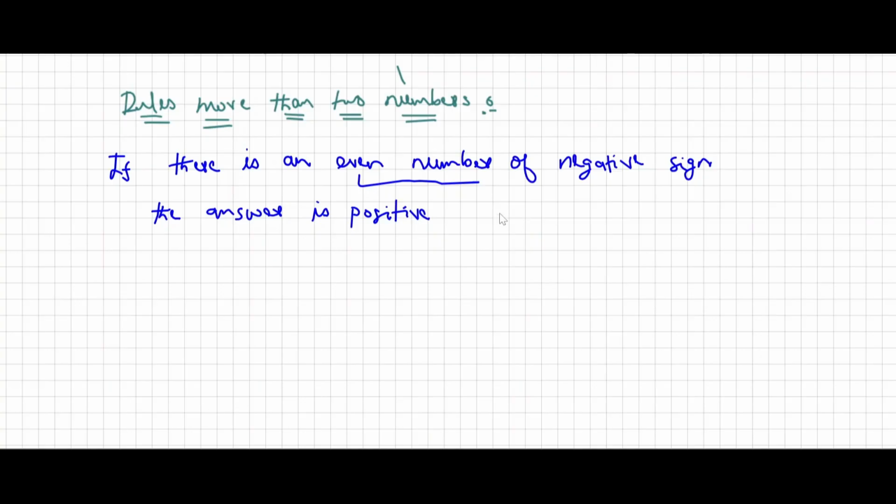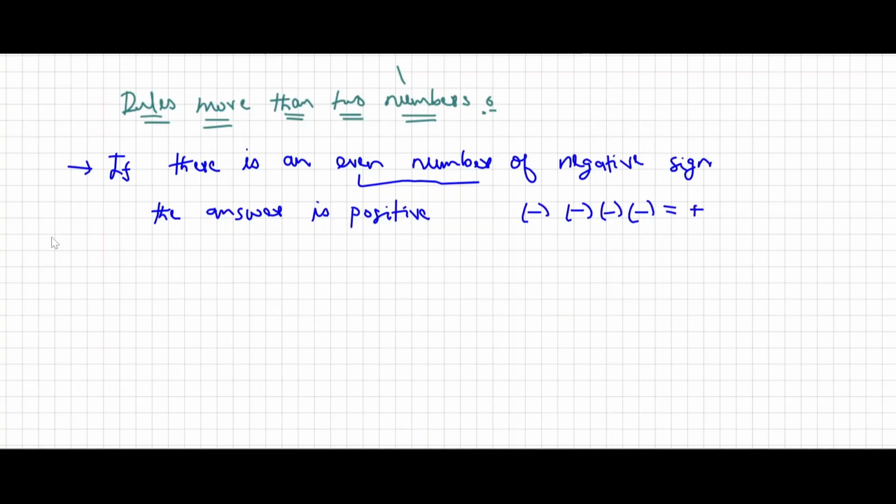Even number of negative signs, it's like this: minus, then minus, then minus, then subtraction, then minus. So there are four negative signs. Right? It's even signs. So it becomes a positive.